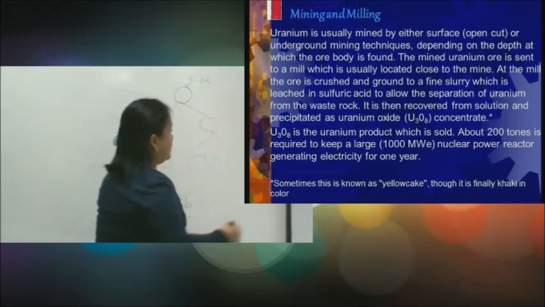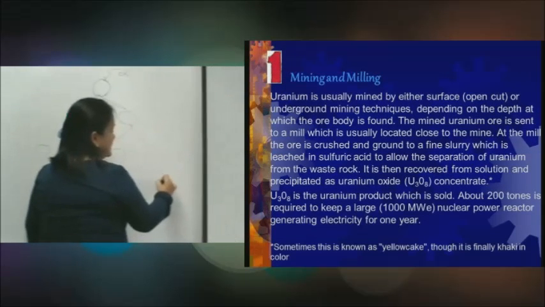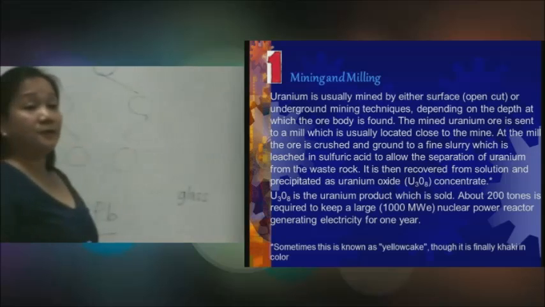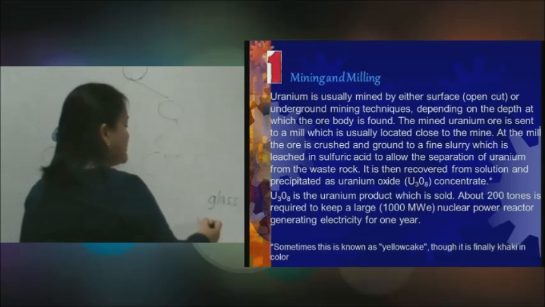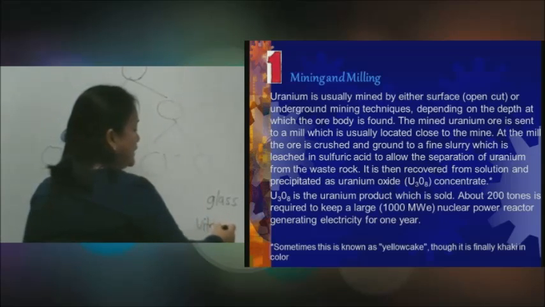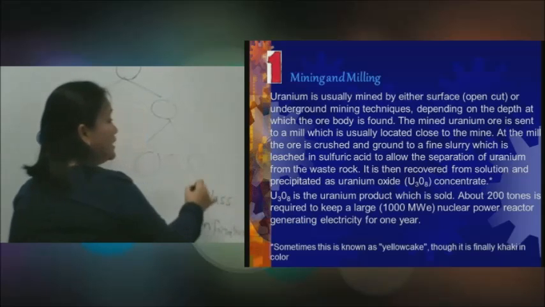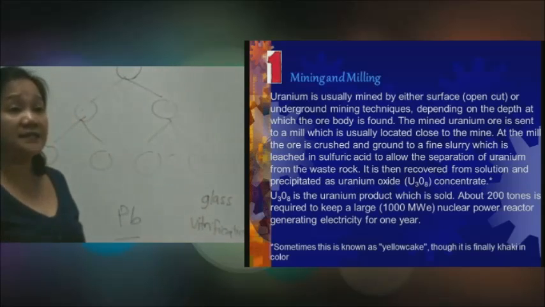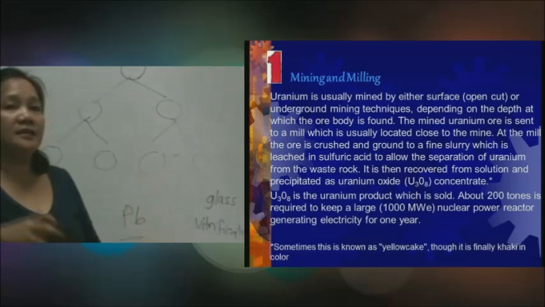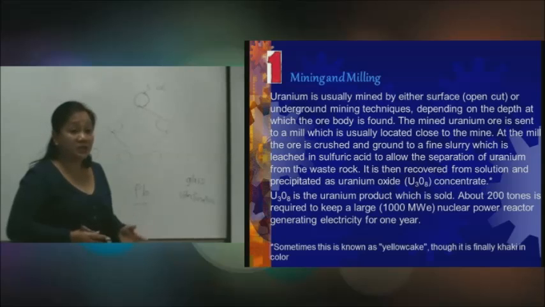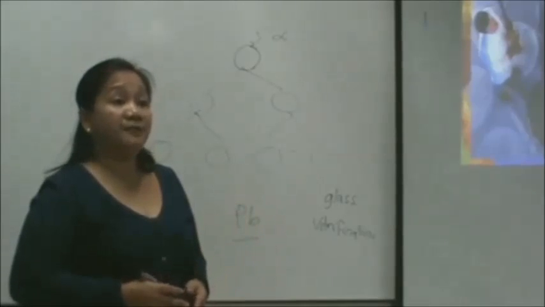So when the glass is used to immobilize your spent fuel rod under the process of vitrification, and it has been ensured that the radiation has been immobilized, that's the time they send these immobilized spent fuel rods into a special sanitary landfill.